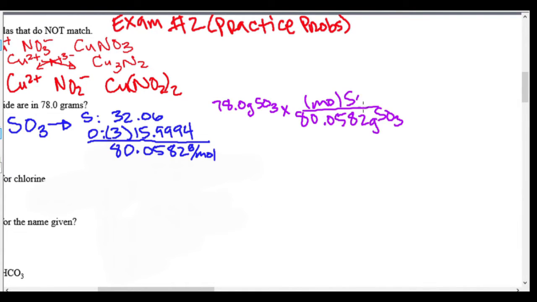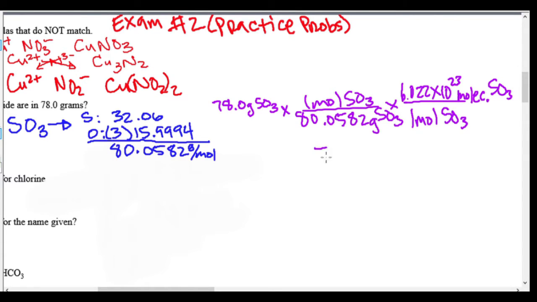We know that 1 mole of anything, in this case SO3, is Avogadro's number, 6.022 times 10 to the 23 molecules of SO3. Let's do a quick unit canceling: grams of SO3 cancel, moles of SO3 cancel, and our units are going to be molecules of SO3.